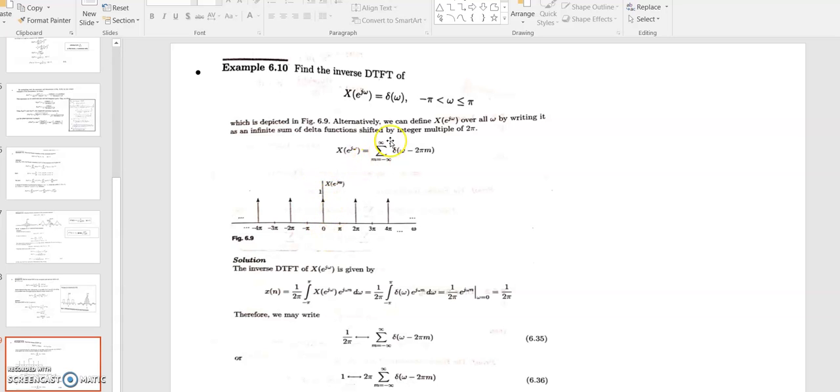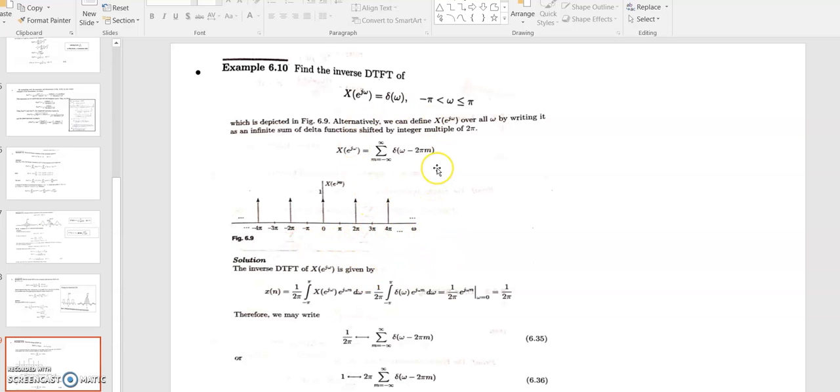But it is the DTFT of some function, so this value repeats after every 2 pi interval. So we have repeated the same waveform after every 2 pi period, extending towards plus infinity on this side and minus infinity on this side.